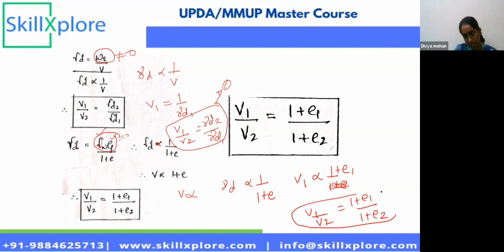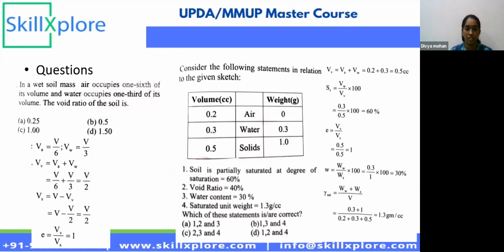It's a very important relation we'll be dealing with. I've told you about the relation and everything, now we'll switch on to the questions. I've compiled some 4 or 5 questions, and we'll be dealing with them in this session itself.